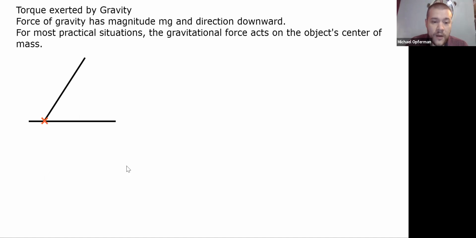You've got the gravitational force, which is acting up here and pointing straight downward. The gravitational force acts on the center of the object, if this is a uniform object, and it points straight down. We're also going to have a normal force acting here, holding the object up.